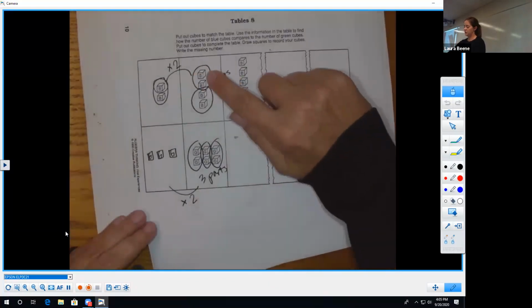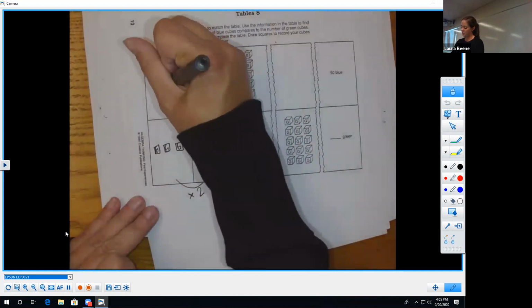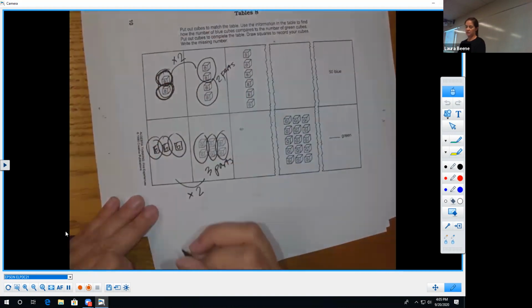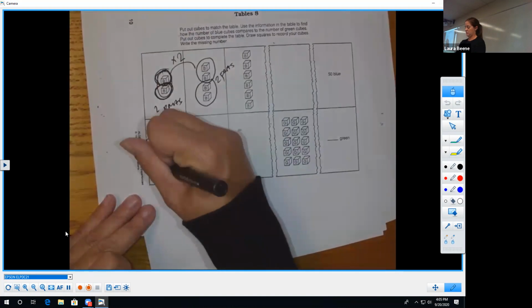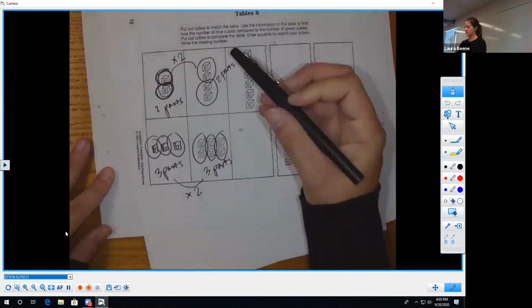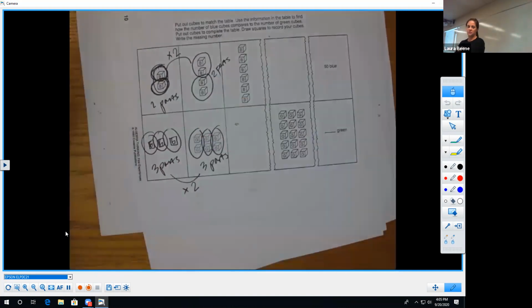So again, 2 parts here to 3 parts here. So this is like the equivalent fraction. 4, 6, there's 4 blue and 6 green, reduces down to 2/3, 2 blues and 3 greens.